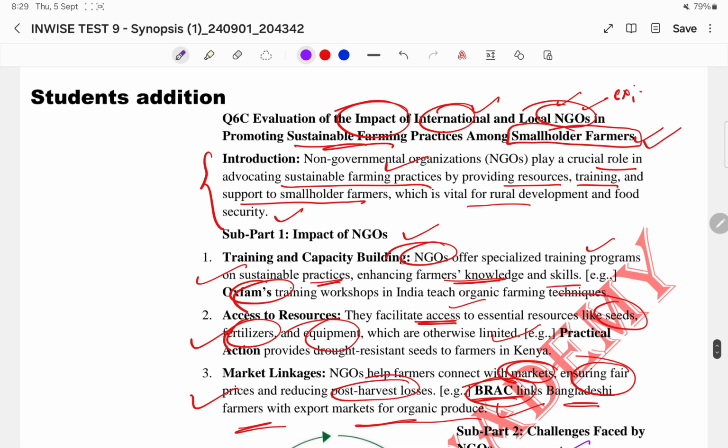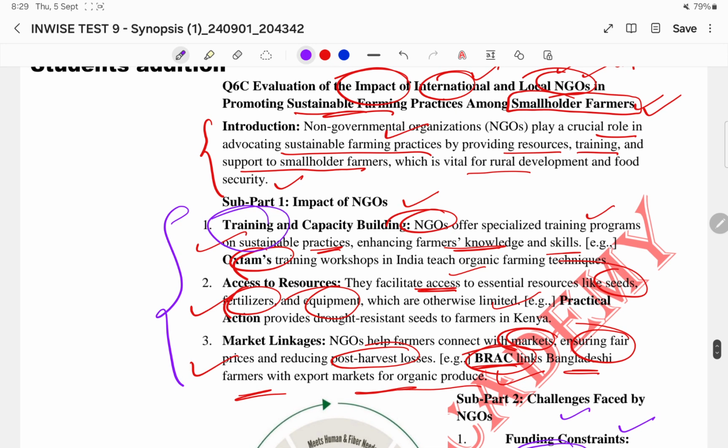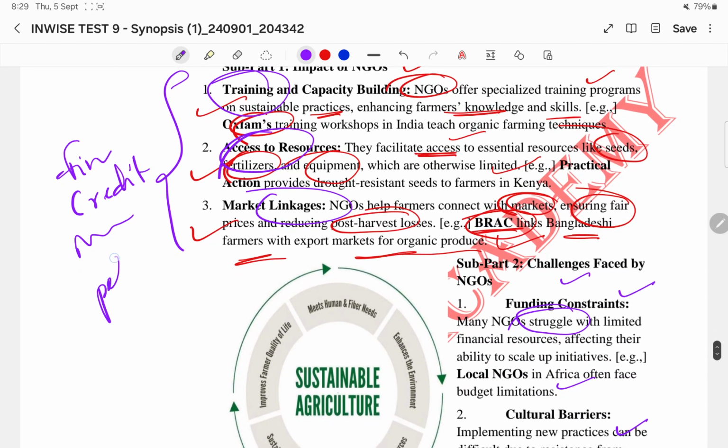So along with this, what you can write, these are the main points actually. They can train, they can provide access to resources, market linkages, and finance in terms of credit. So that's how the NGOs can help the smallholder farmers, like creating market connections. Then policy advocacy: they pressurize, I mean they request the governments at the policy level to bring changes.